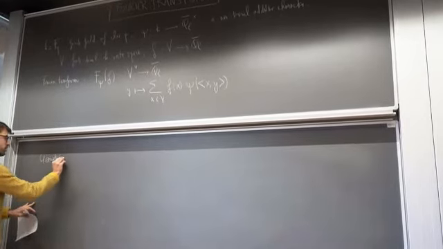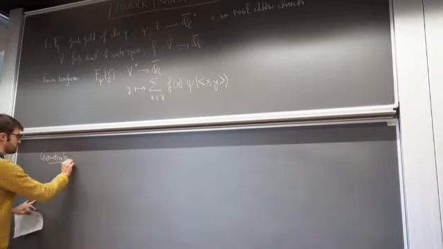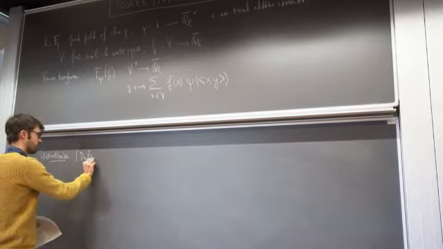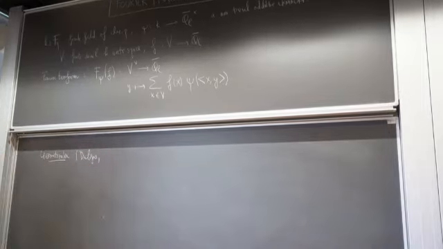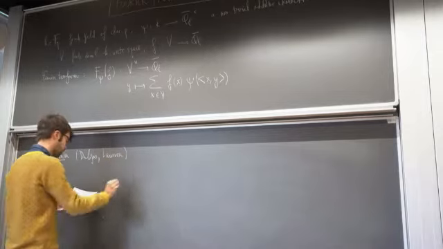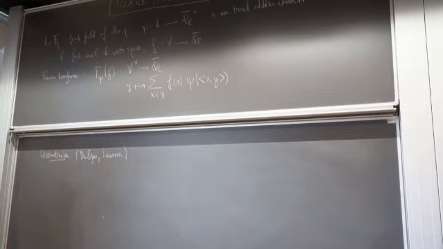The geometrization of this finite field Fourier transform, the geometric analog, was first discovered by Deligne, and then the theory was developed by Laumon in the 80s.